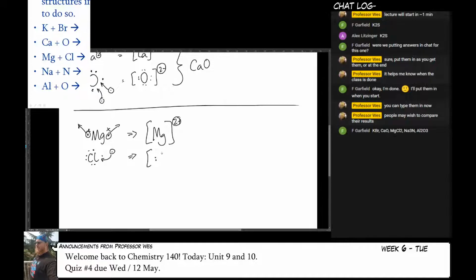And then I will have chloride, which looks like that. These charges don't balance out, though. So if I sum these together, I get +1 still. So I need another chloride to balance it out. Now it's 0. And so my formula would be MgCl2.